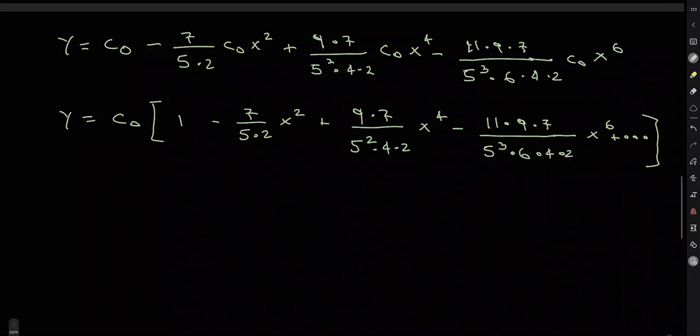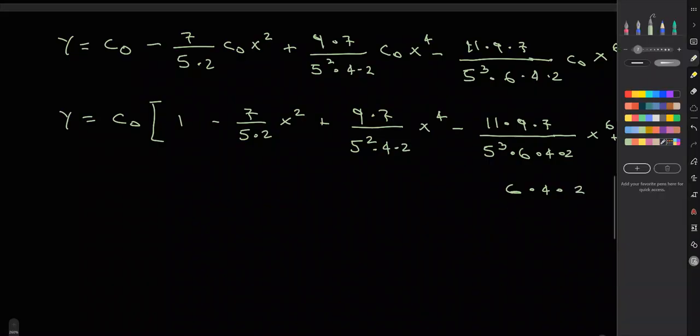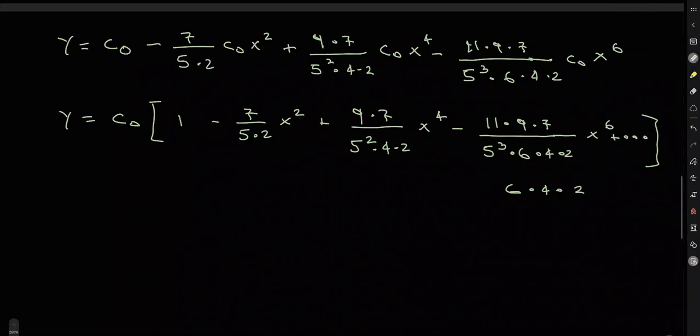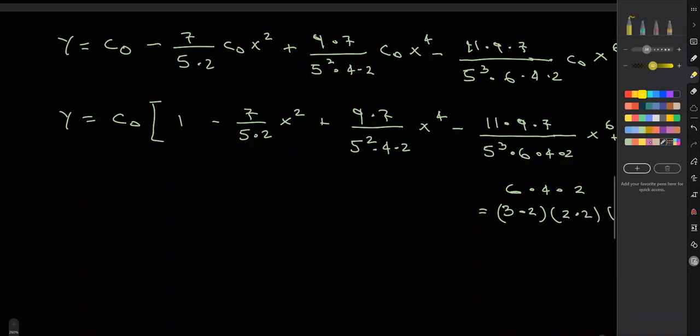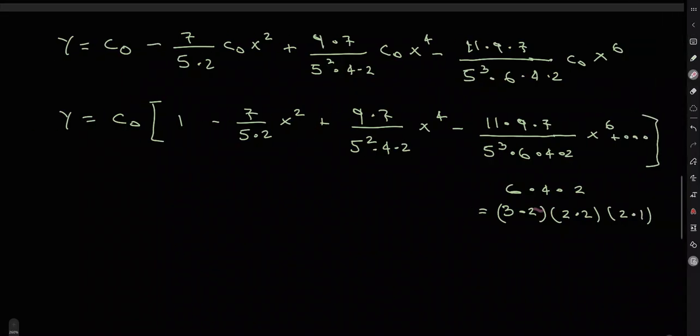But also, most importantly, I would like to factor from 6 times 4 times 2. That 6 is the same as 3 times 2, and that 4 is 2 times 2, and that 2 is a 2 times 1. All right. Let me highlight them.